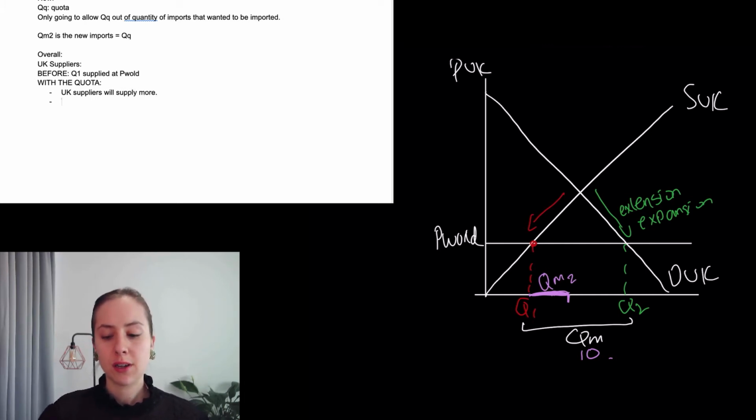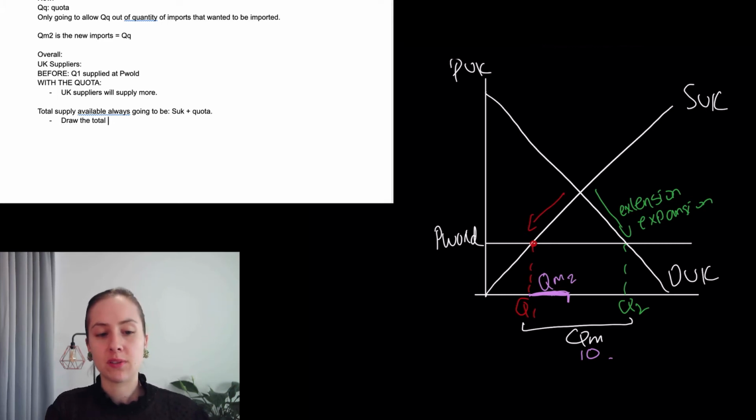They will do this because the total supply available is always going to be the supply available in the UK plus the quota. So I'm going to draw the total supply curve. The total supply curve is going to be the sum of the UK supply curve and the quota.